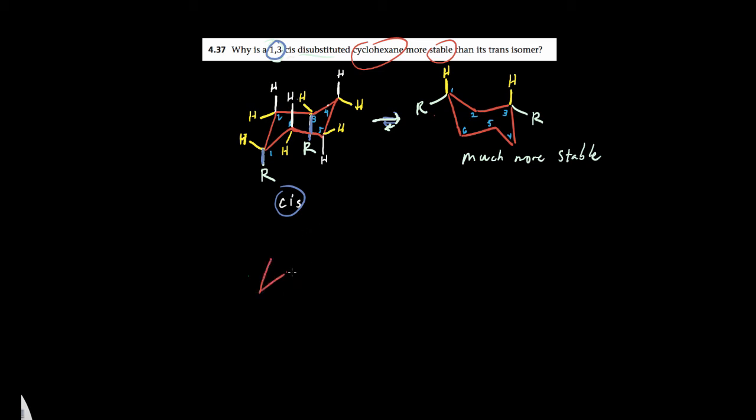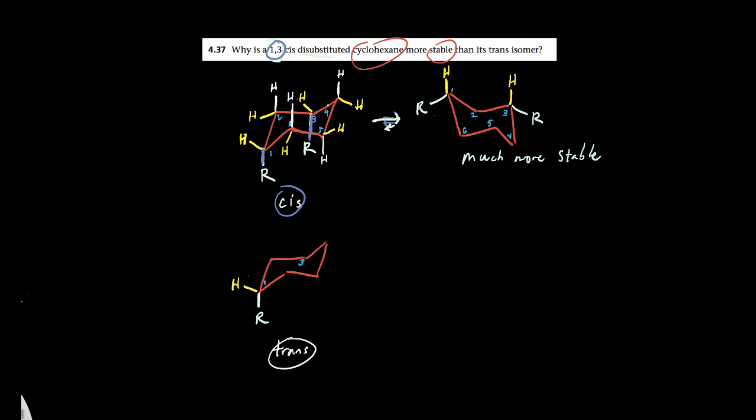So if we start at carbon 1, and just for the sake of consistency, I'll put the R group going down again. But since this one is trans, we're going to make the trans form here. This is carbon 1, so again, carbon 2, carbon 3 is here.